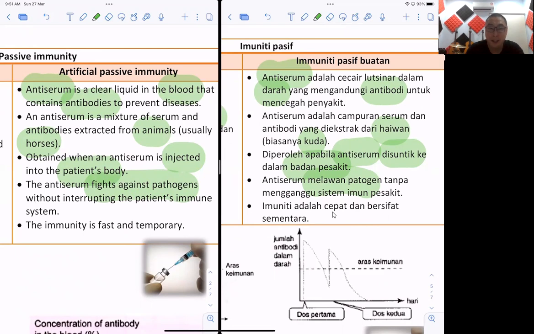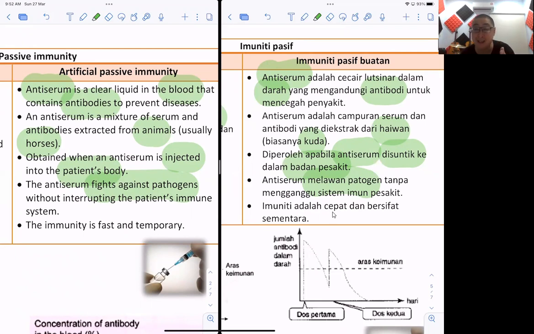Again, if you find it difficult to understand this, I take almost the equivalent thing. It's not the real thing, but the concept is there. It's like when you have a headache, what do you do? You take Panadol. When you take Panadol, does your headache go away? Sure it does.